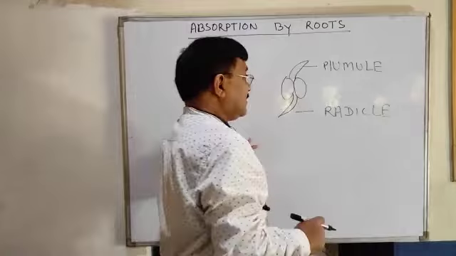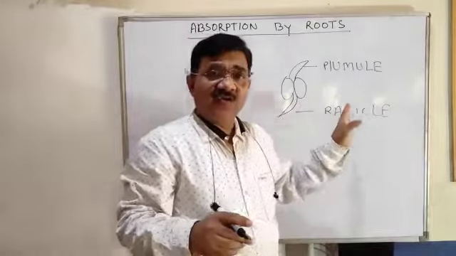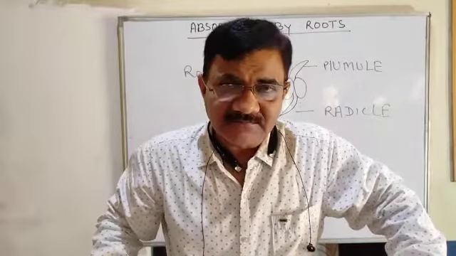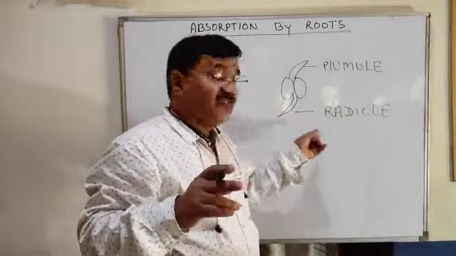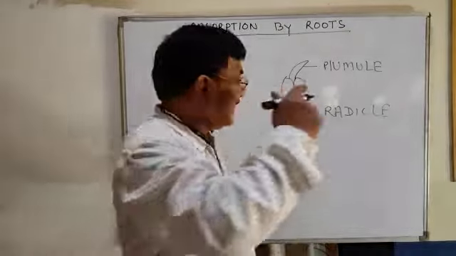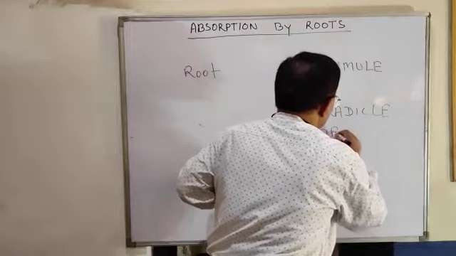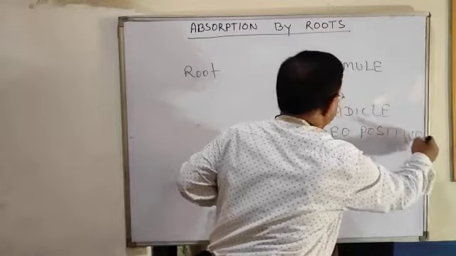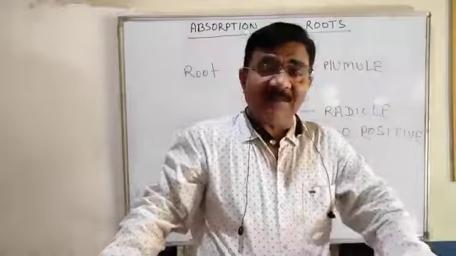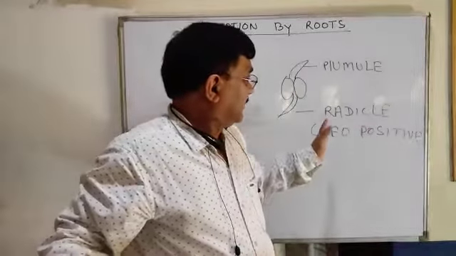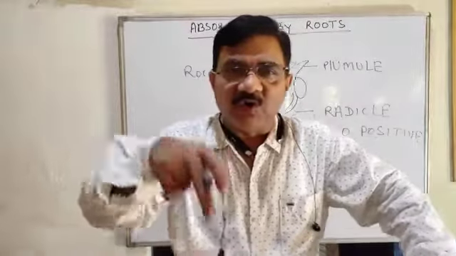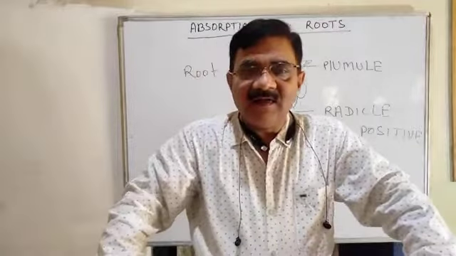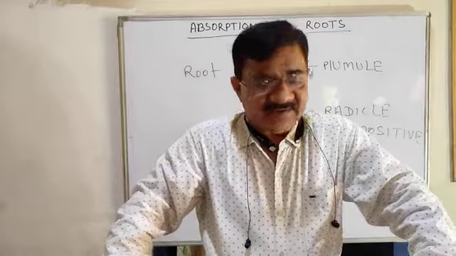The part of the plant which comes out from the radicle of the seed embryo is geopositive, photonegative, meaning it grows towards the earth. It is called the root.